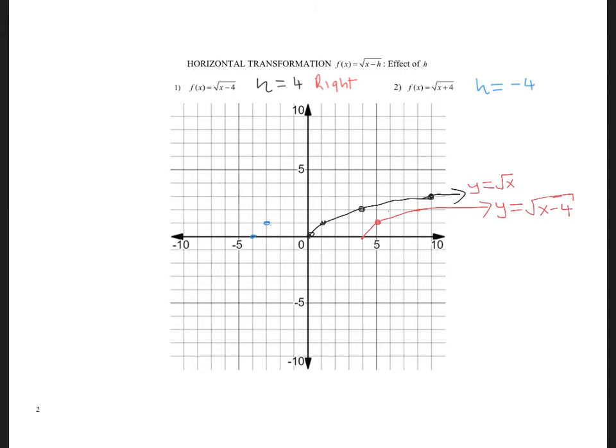So over here, 1, 2, 3, 4, right there. And then 1, 2, 3, 4. And I just need to connect them. And this graph is going to be y equals square root of x plus 4. That's my graph right there. So those are the transformations, and you can see the h transforms the graph horizontally.